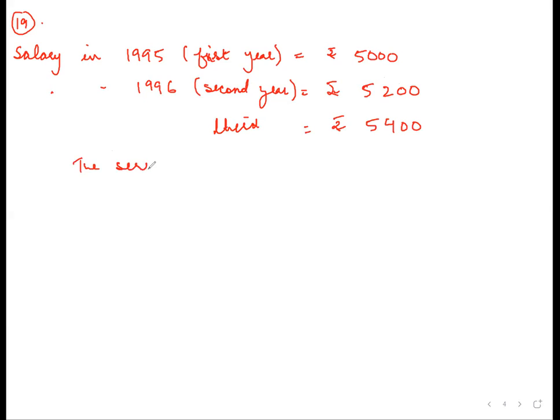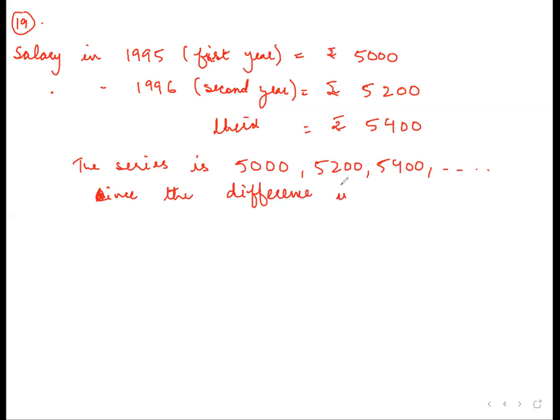So the series is 5,000, then 5,200, then 5,400, and so on. The 200 rupees will keep on adding. Since the difference is the same between the terms, this is an AP, an arithmetic progression.